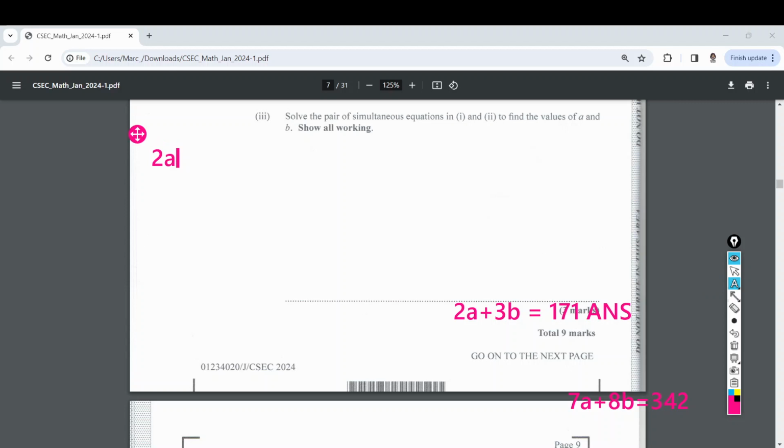So we're gonna get 2a plus 3b is equal to 171, and we're gonna call this equation 1. Then we're gonna get 7a plus 8b is equal to 342. And then we're gonna call that equation 2. Right. So that's it.